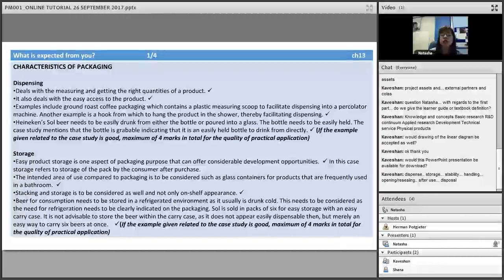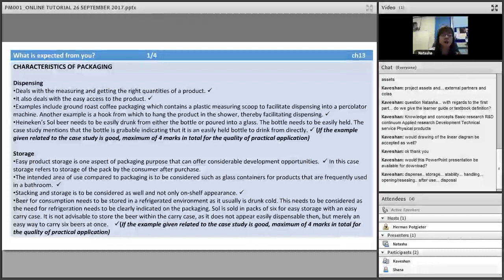Often we get goods that are to be used in an area which doesn't make sense. So in other words, like the bathroom situation given to you as an example. Why would you have a glass container that is used frequently in a bathroom? Okay, stacking and storage with regard to not only its on-shelf appearance, but also in a home environment or in an actual consumer use environment. Think about things like that.